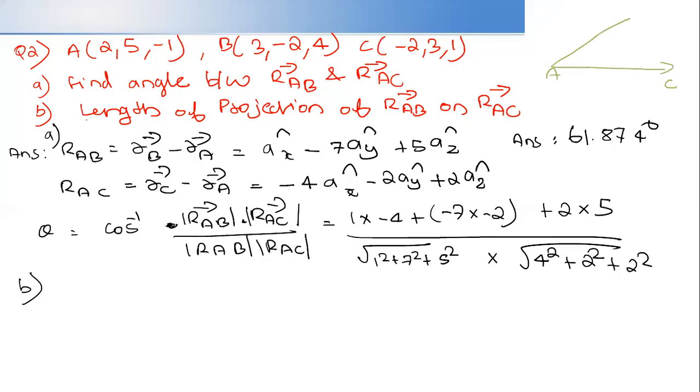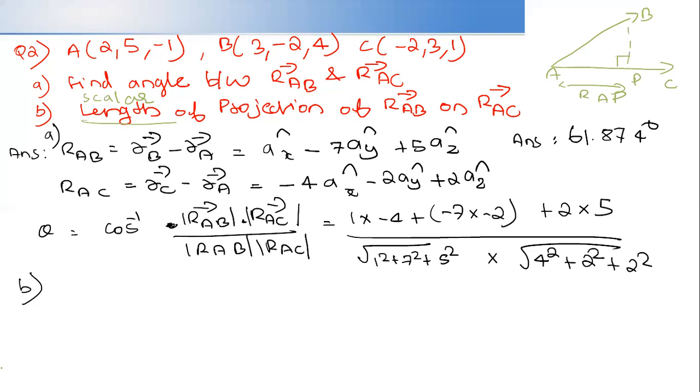Length means scalar, so the scalar projection is what they are asking here. We need to project RAB onto RAC. Just like we took PQ, we will take another point RAP here.